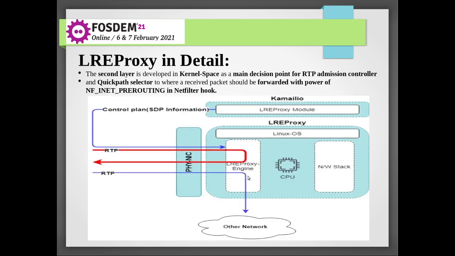The second layer is developed in kernel space and is the main decision point for RTP admission controller and quick path selector, deciding where a received packet should be forwarded. For example, the packet should be forwarded to another network, or, along the red arrow, to another customer.